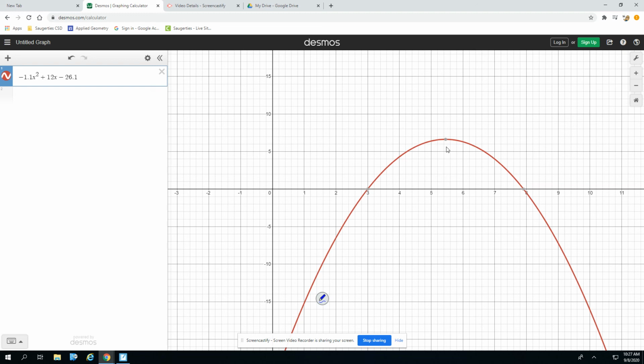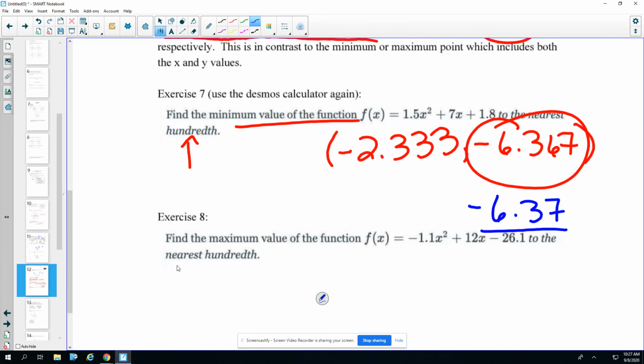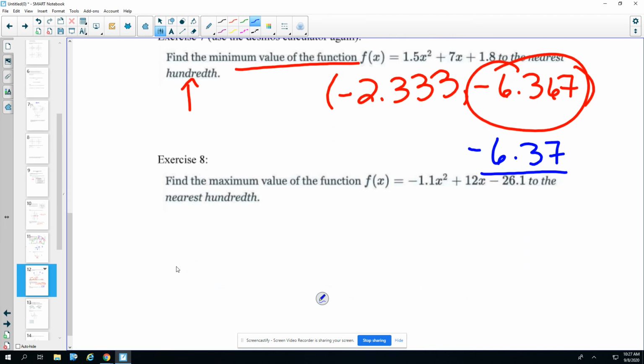So here I see 6.627, so that's going to round to 6.63. So I'll write that down in notes. I kind of skipped some of the baby steps here, right? Writing the point, rounding. My maximum value, my maximum y value is 6.63.